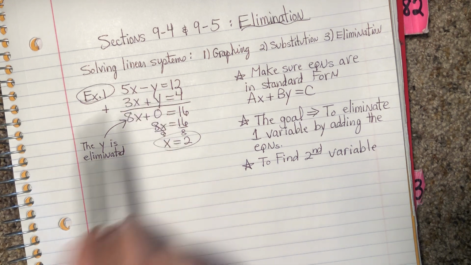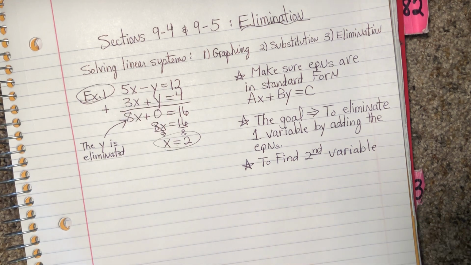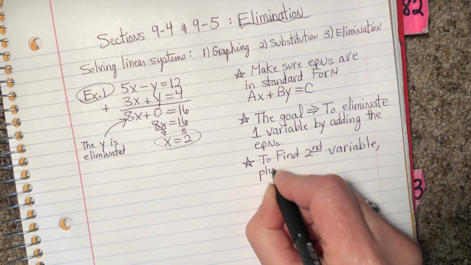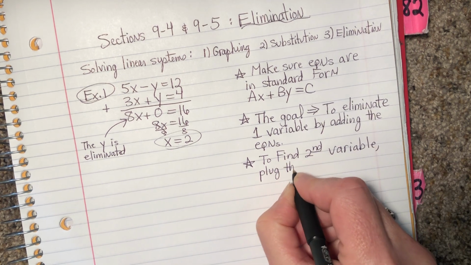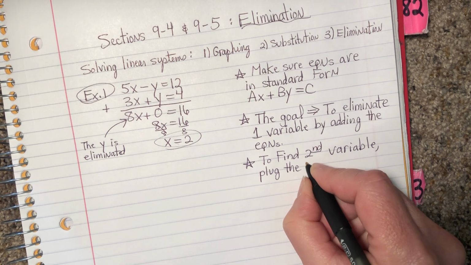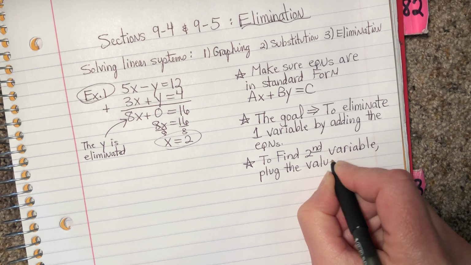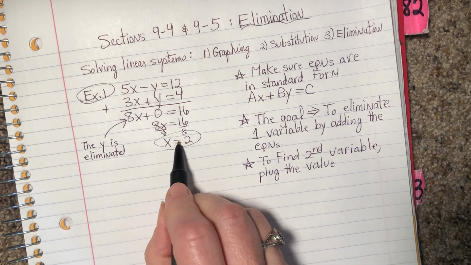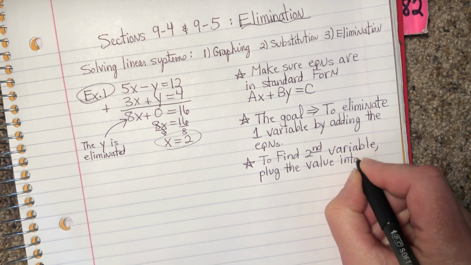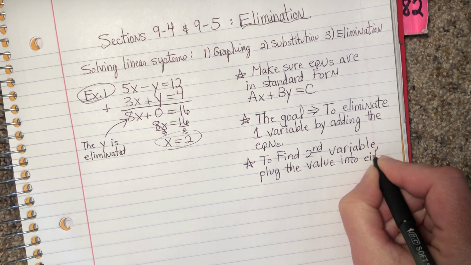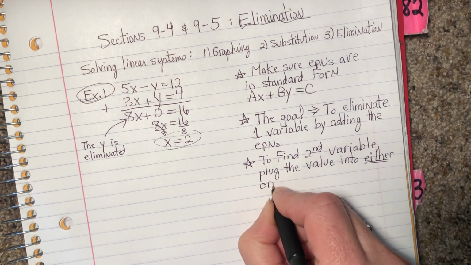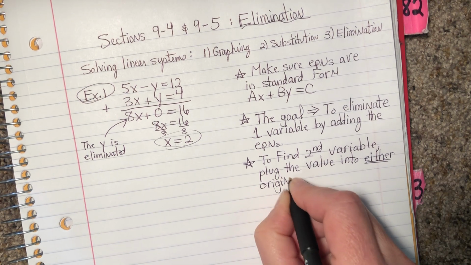It just depends on what your equations are. But to find the second variable, whatever it is, plug the value you just found into either original equation. You'll get the same answer, it won't matter.